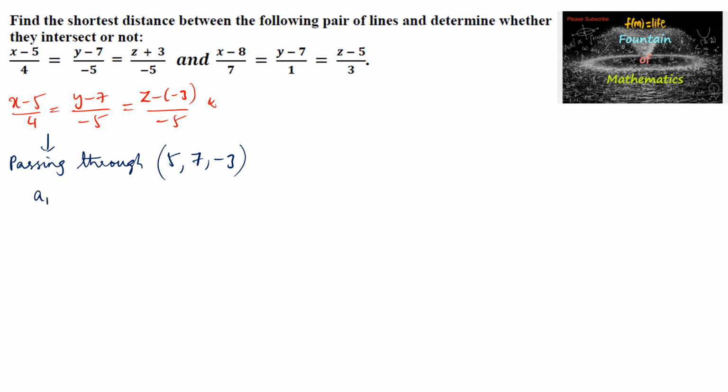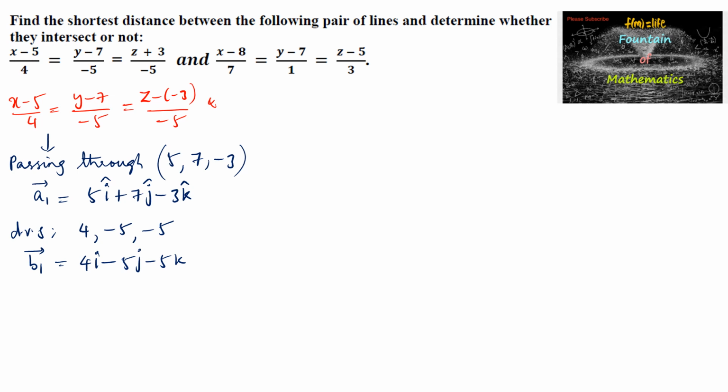Let us consider the vector passing through the point whose position vector a1 is equal to 5i plus 7j minus 3k, and this line has the direction ratios 4, minus 5, and minus 5. So let us consider b1 vector is equal to 4i minus 5j minus 5k.